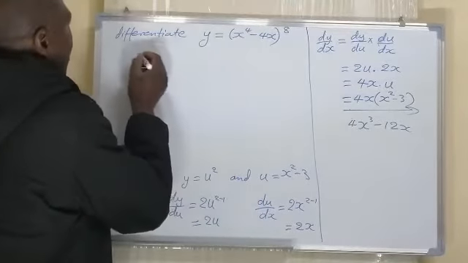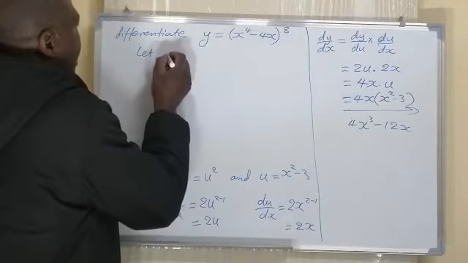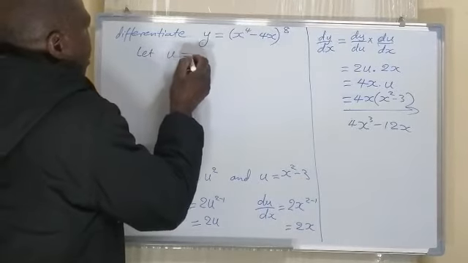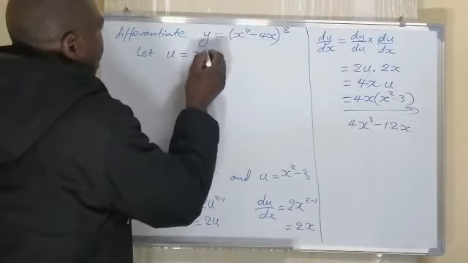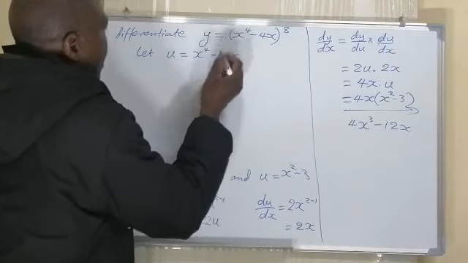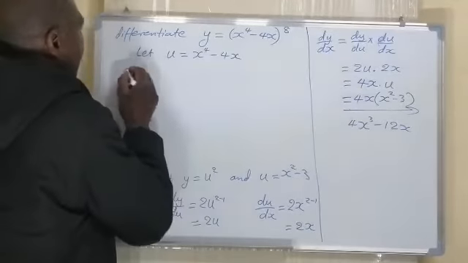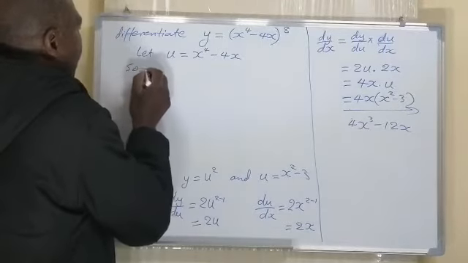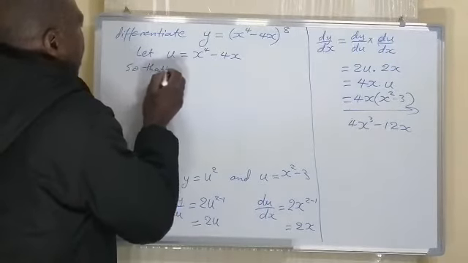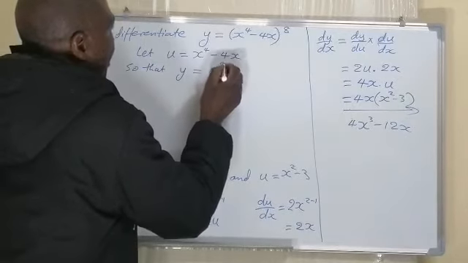So we end up saying, let u be equal to x to the fourth minus 4x, right? So that y is equal to u to the eighth.